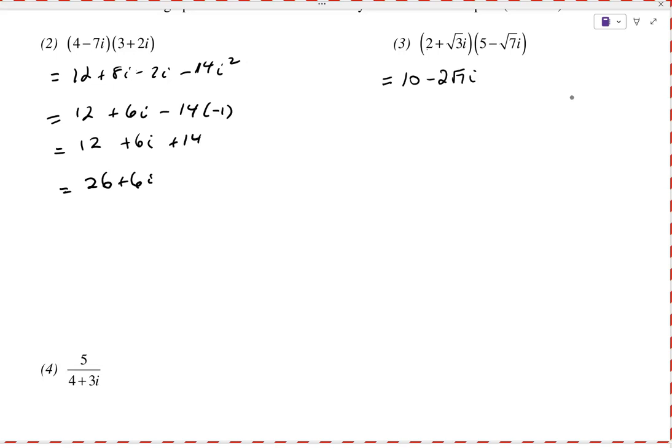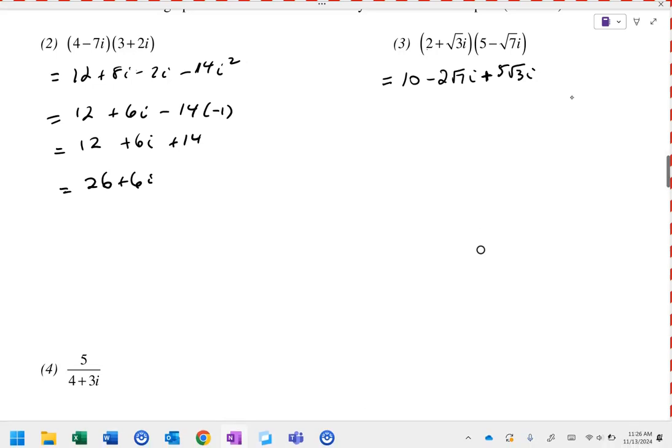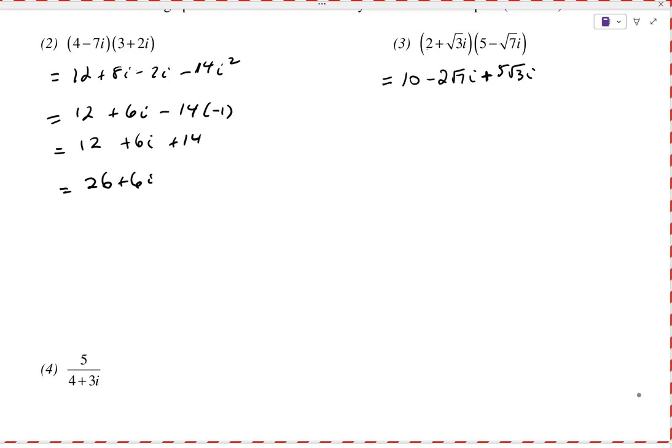What do you get when you do the next piece? Plus what? Yeah, 5 square root of 3i. And then finally, we do have both radicals in there for this one. So square root of 3 times square root of 7 gives you what?